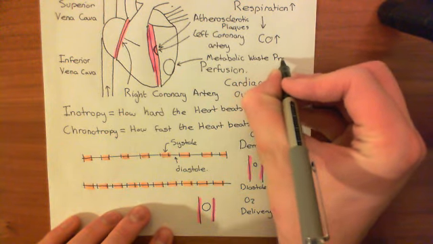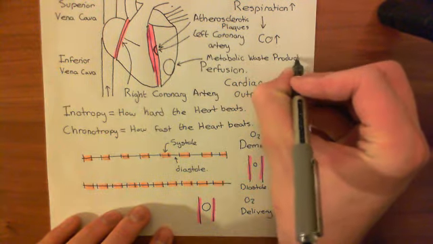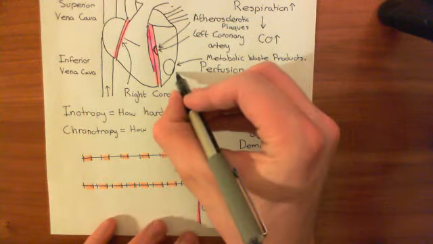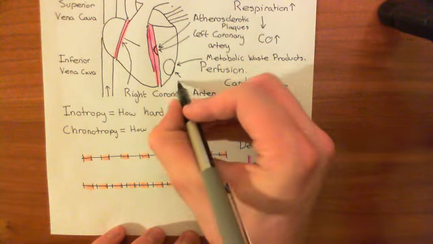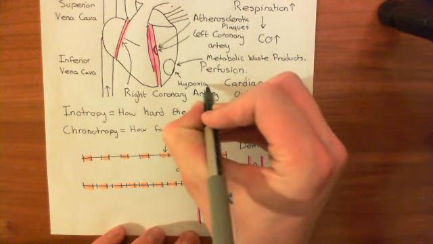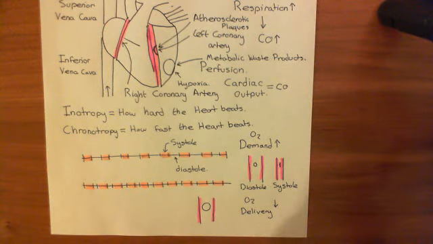If this happens for long enough, it will lead to myocardial infarction of this portion of the myocardium. I.e., this portion of the myocardium is not receiving enough oxygen and its waste products are building up, and if that continues for too long, it will start to infarct and you'll suffer a heart attack or a myocardial infarction.